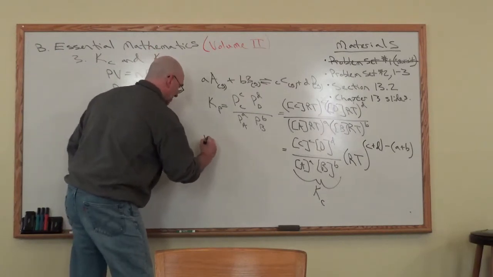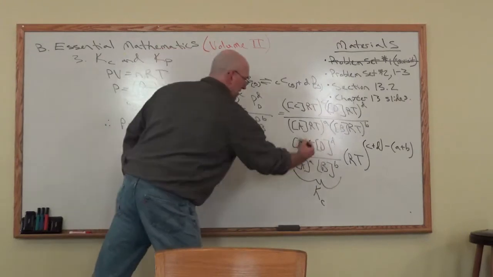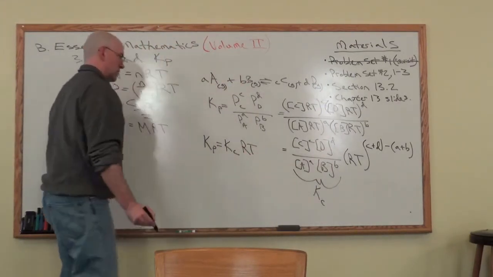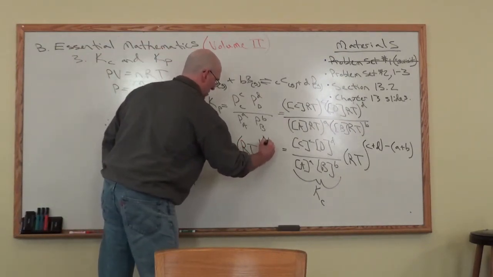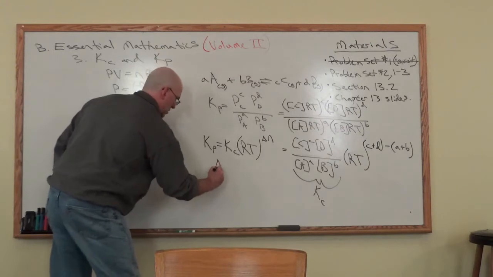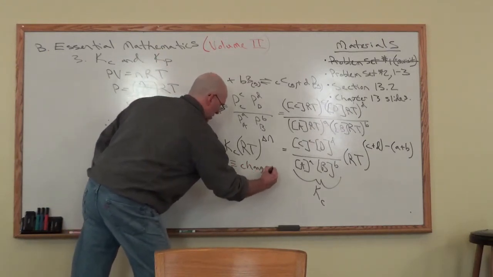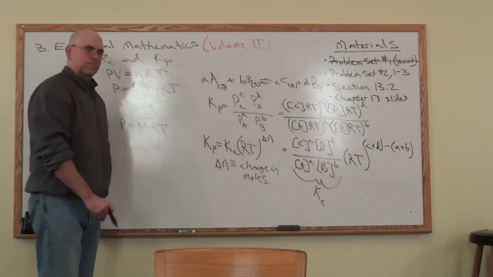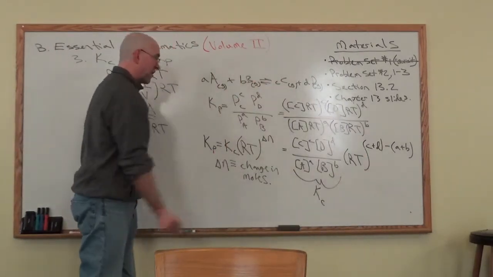Let's see, Kp equals Kc, that's all that is, RT, we replace this complicated looking thing with this very simple thing.